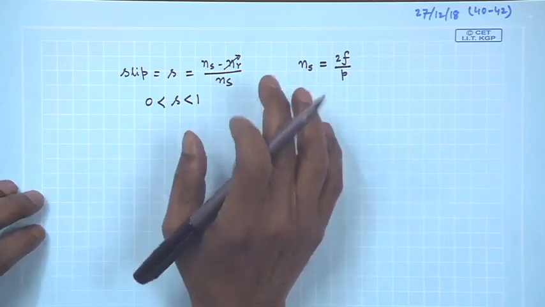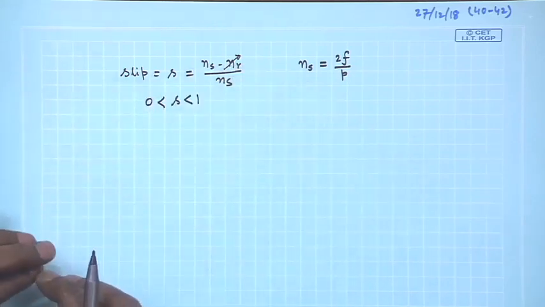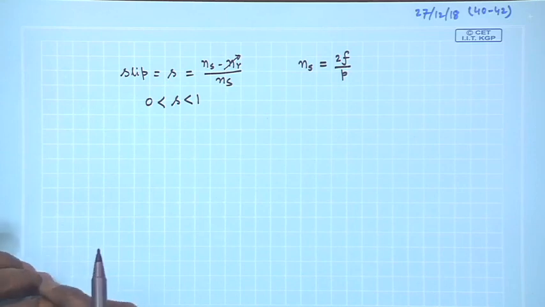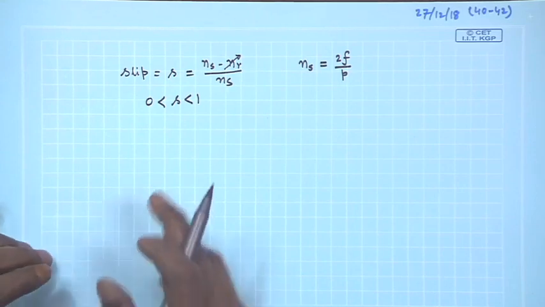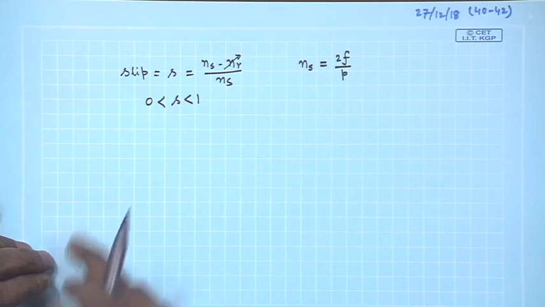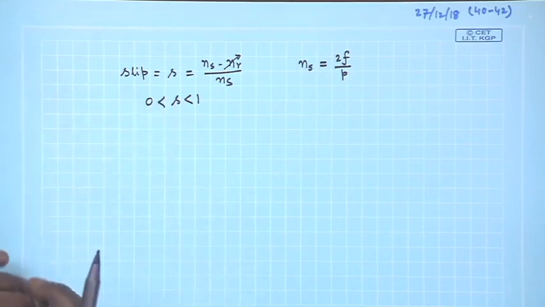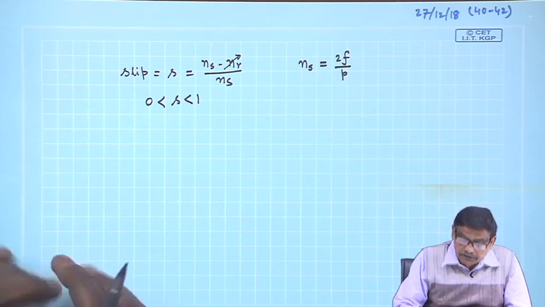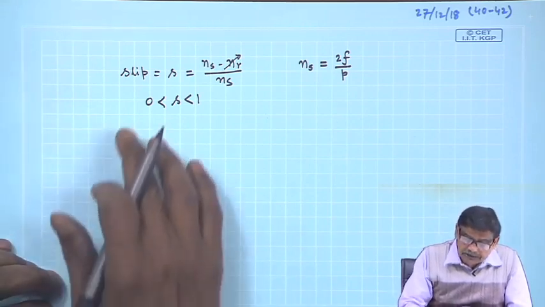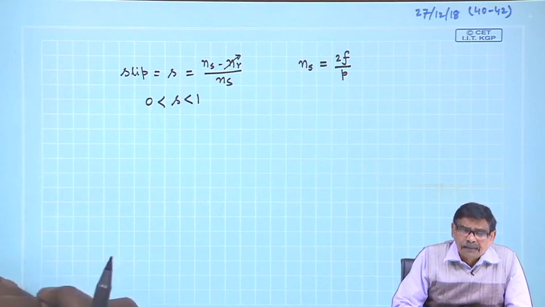Whenever the rotor is not moving and you have energized the primary, with the rotor circuit closed, that is slip equal to 1. The extreme case is slip equal to 0, provided there is no opposing torque, which is not a very ideal situation.